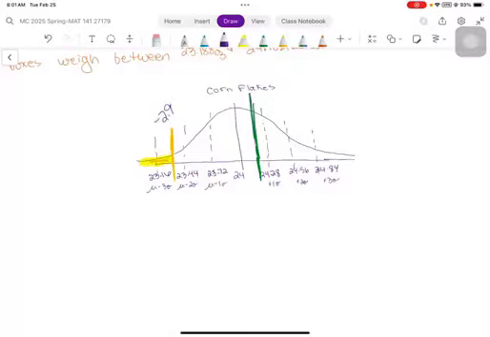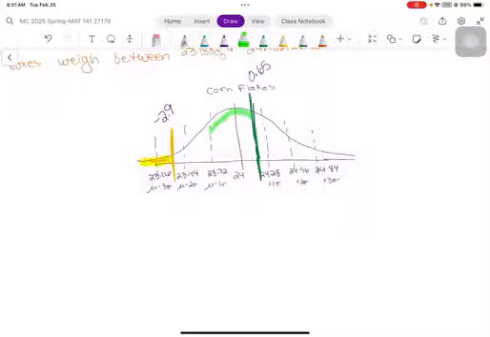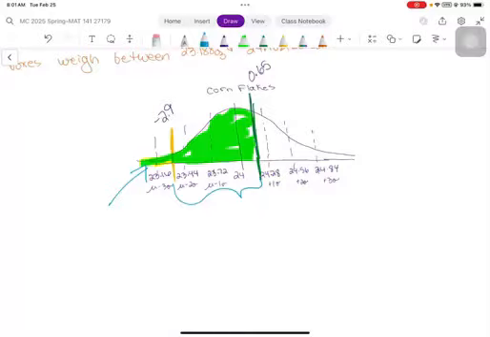And this value was 0.65 on our Z table. Let's shade to the left here all of this. Do you notice that I've double shaded this area right here? I don't want that included. I really just want this area.